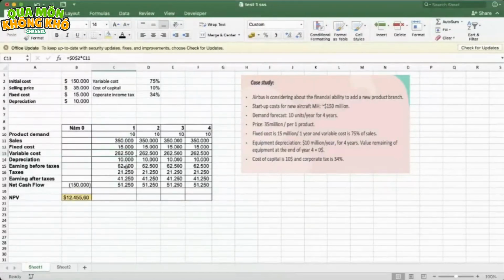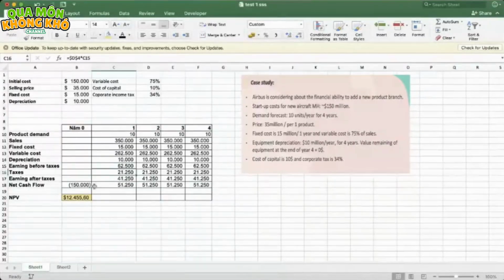From that, we can easily get the earnings before taxes, and we know the tax is about 34% of it, so we can also easily get that number. This is also a number that stays stable each year.